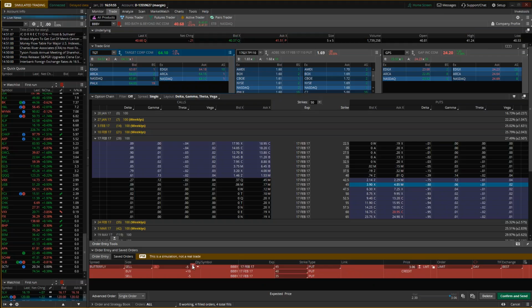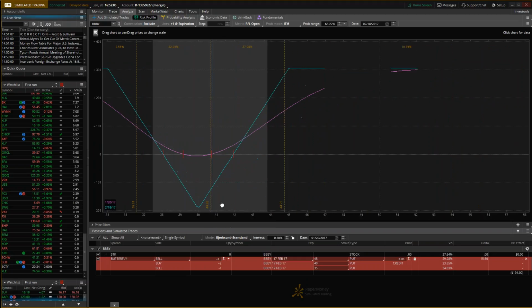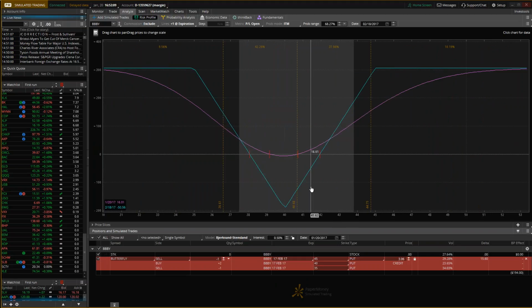Then we can do the Analyze tab on this one just to see what it looks like. I know a lot of you like to look at it just to get a visual. So there we have it. You can see right here it's trading now. Our upside is right here.